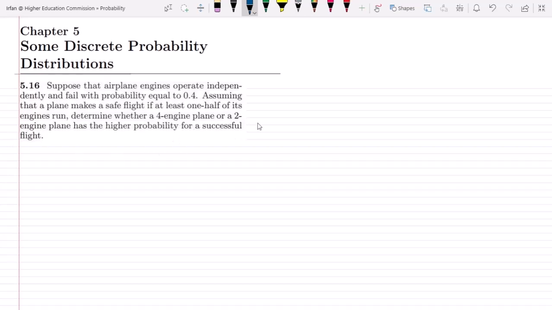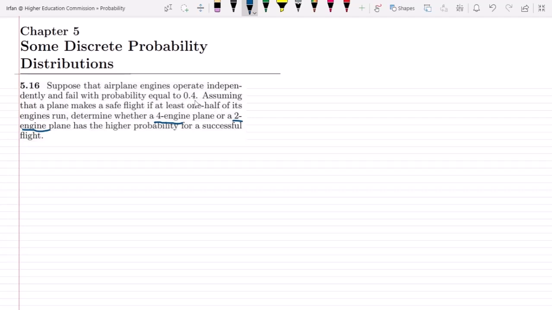So here you can see the two scenarios in which we will have either a 4-engine plane or a 2-engine plane. We will also divide this question into two parts, but before that, let us see what the probability of engine failure or success is.